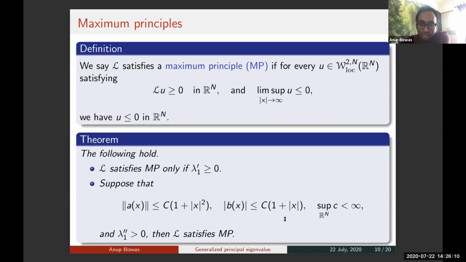On the other hand, under the same growth conditions that I stated before, if lambda 1 double prime is positive, then L has a maximum principle. So if these two become equal, which is believed as a conjecture, then lambda 1 prime characterizes the maximum principle. It becomes an if and only if, apart from the 0 case, of course.